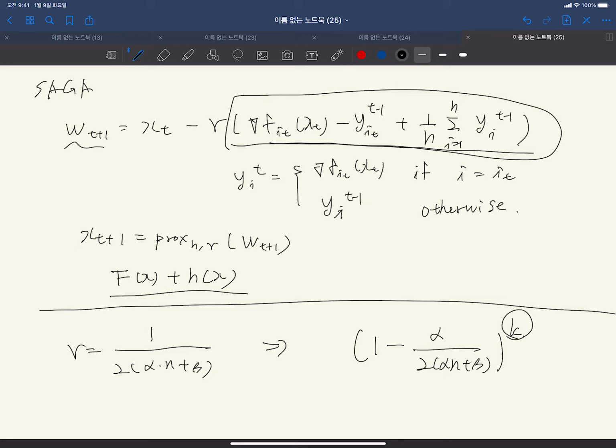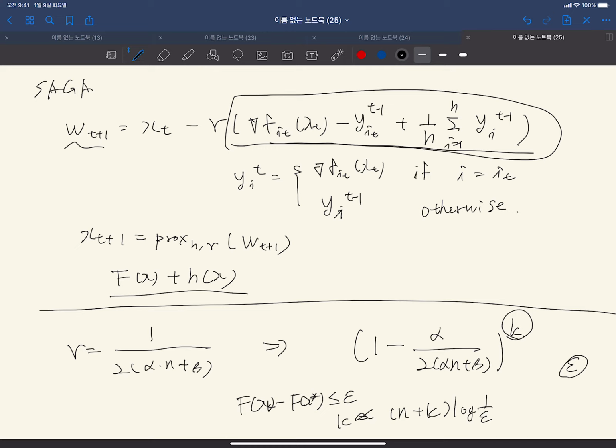When we want an epsilon-close property, so f(x) minus f(x star) less than or equal to epsilon, then the k value should be proportional to n plus kappa, the condition number kappa, times log 1 over epsilon.